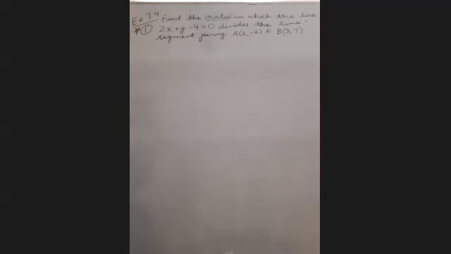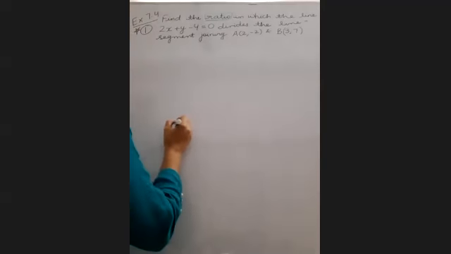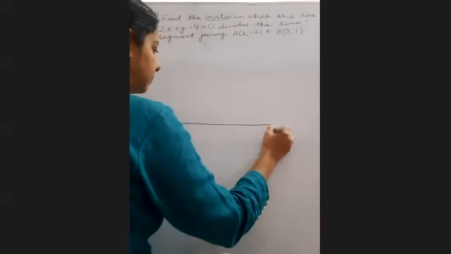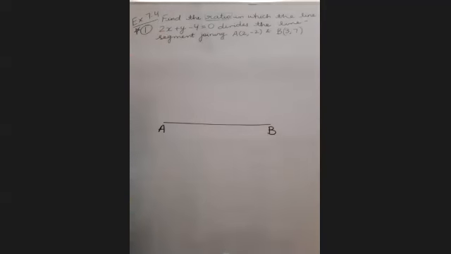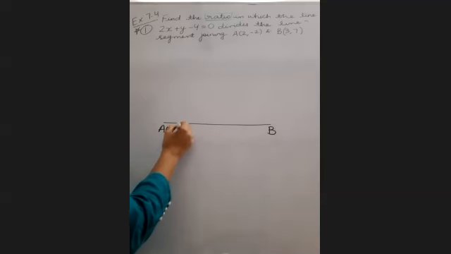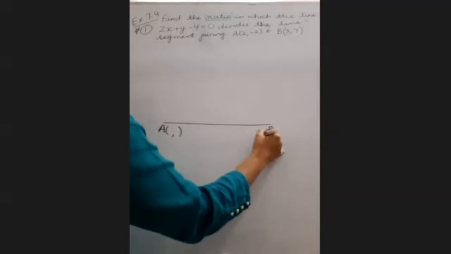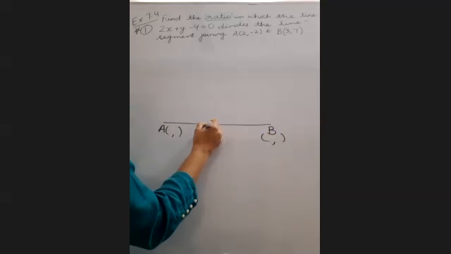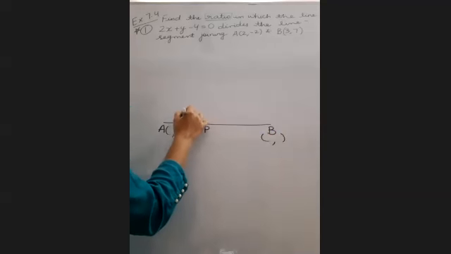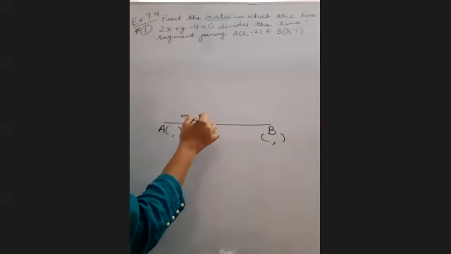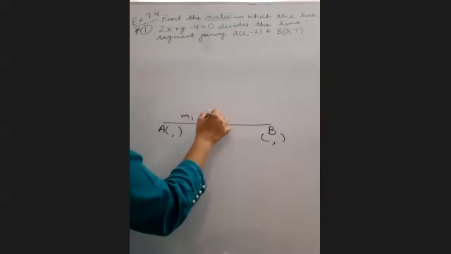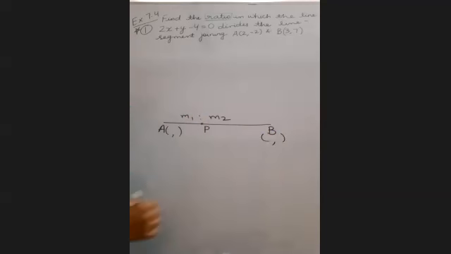I'll just connect it with AB first of all. Suppose I have a line segment AB whose coordinates are given to me, x1, y1, x2, y2, whatever. And there's a point P which divides AB in the ratio m1 is to m2.